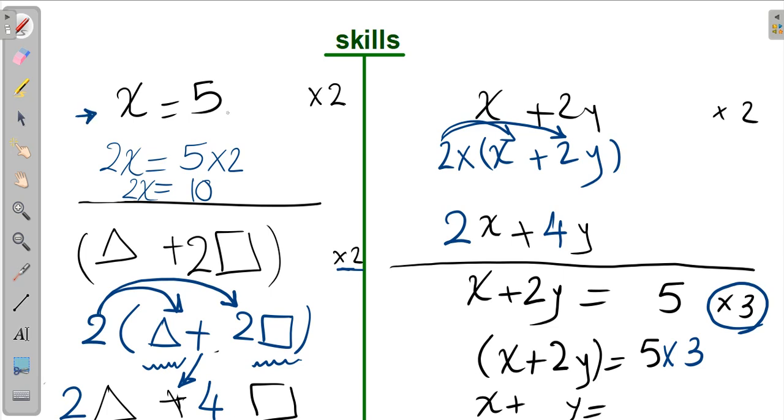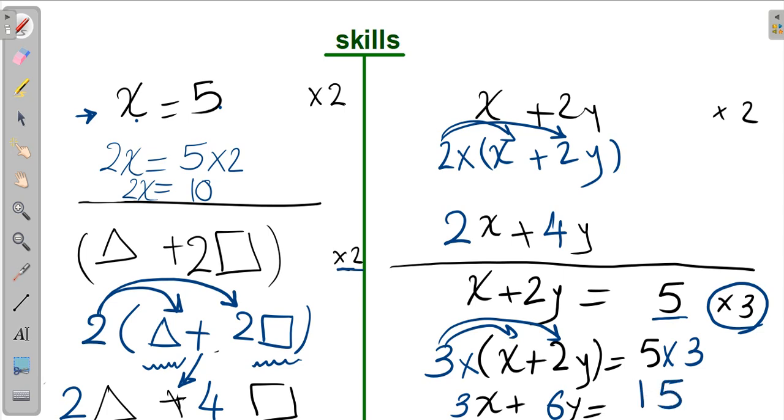When you get twice of 5 of x, you get triple of 5, or 3 times 5. You simply also get 3 times the box and distribute. You have 3 times 1 equal 3, 3x. 3 times 2 equal 6, equal 15.